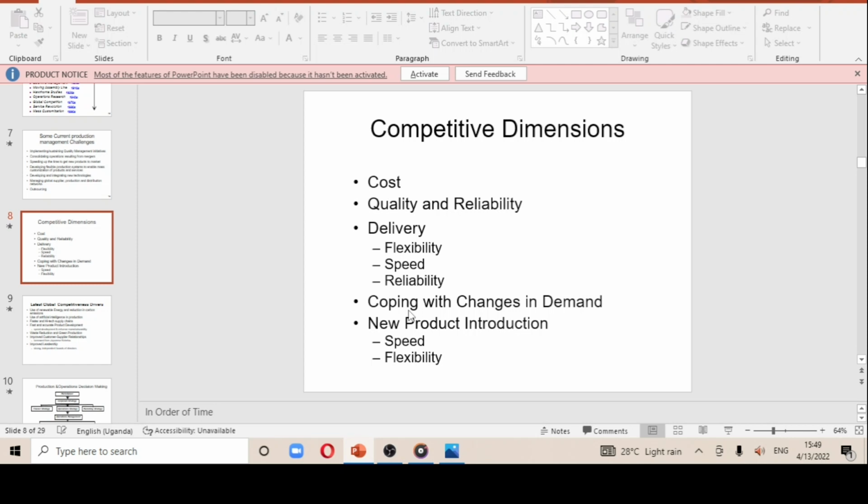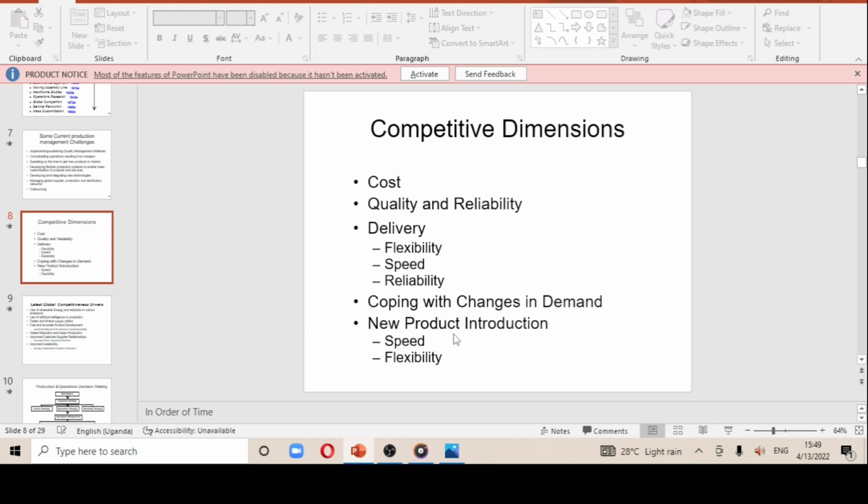So we are having the new product introduction. If you're introducing a new product, like the iPhone 12, how fast does it reach the market? We are assuming that people don't know anything about the iPhone 12, and you are to introduce it.